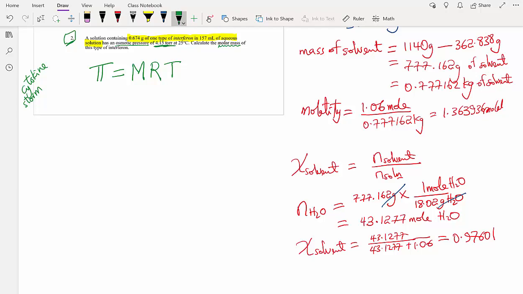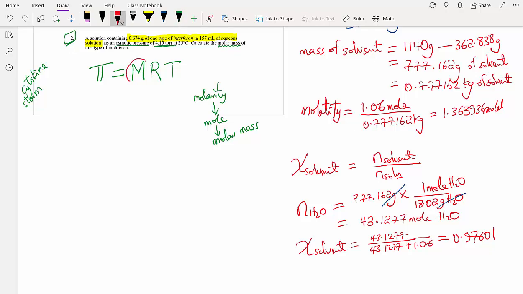If we can find the molarity, we can use the molarity to find the mole, and we can then use the mole to find the molar mass. So let us find the molarity.